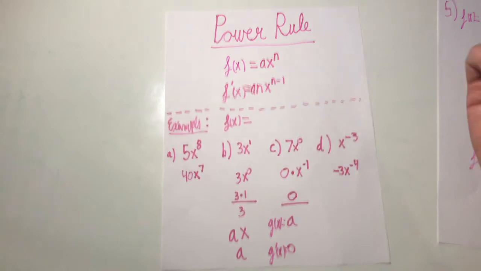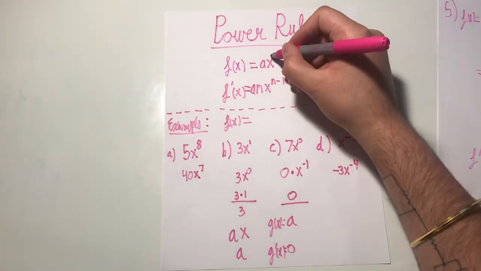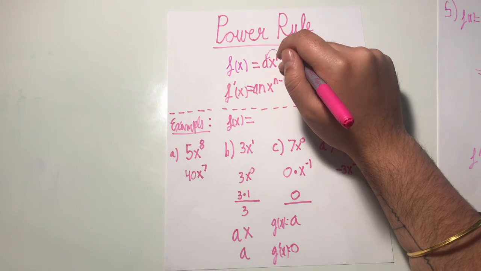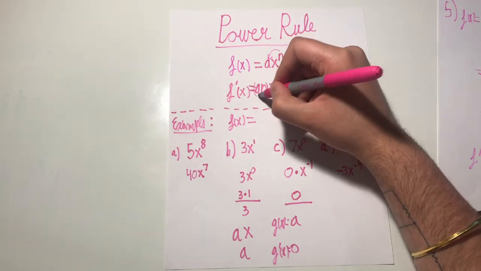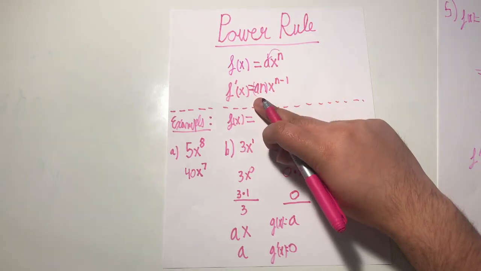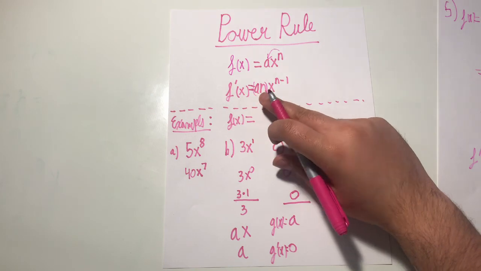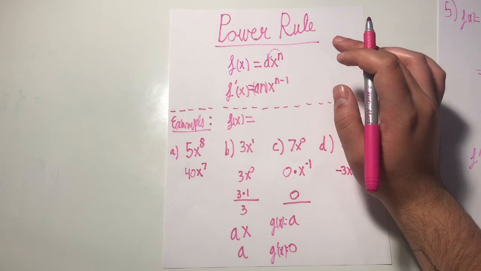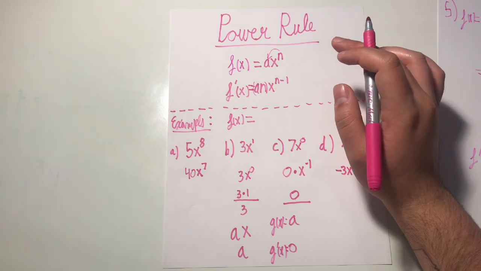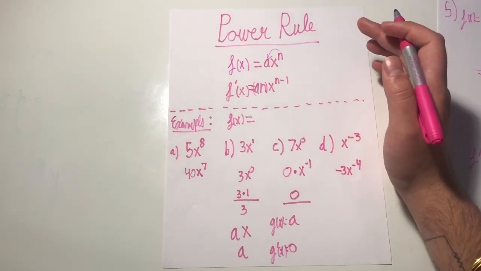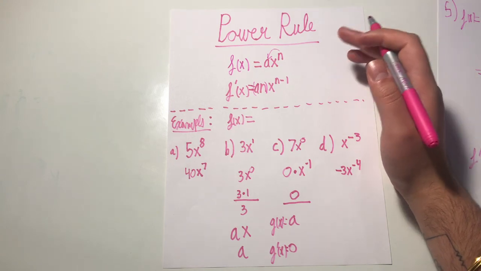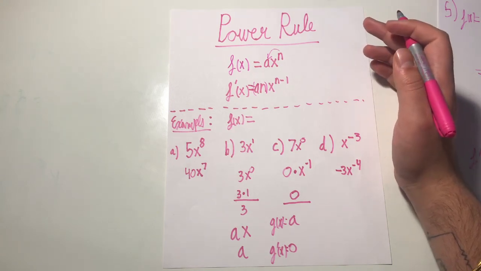Then, in order to take the derivative, we bring down the exponent and multiply it with the existing coefficient. That's how we get this a times n term. And then we decrease the exponent by 1. So if your original exponent was 5, your new exponent is 4. If your original exponent was negative 7, your new exponent is going to be negative 8.